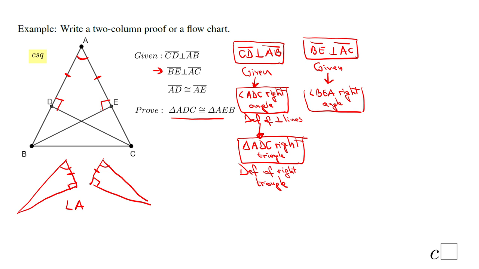Definition of perpendicular lines, if you remember, right? And then we mention the second triangle, the one that we need to prove congruent with the other one. Triangle AEB, I'm sorry, is a right triangle. And again, very similar, this is the definition of a right triangle, a triangle that has a right angle.